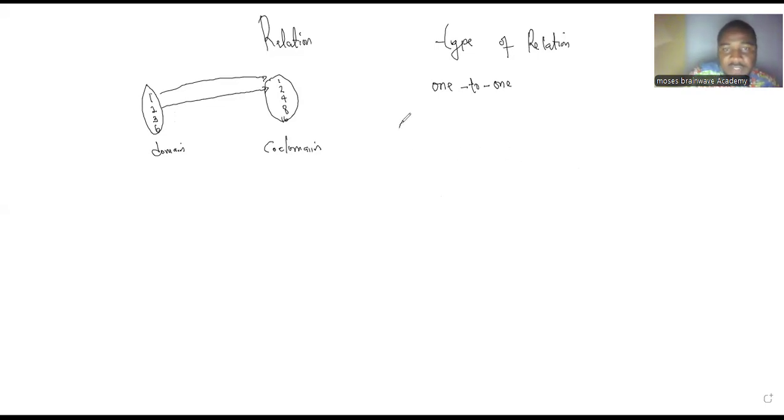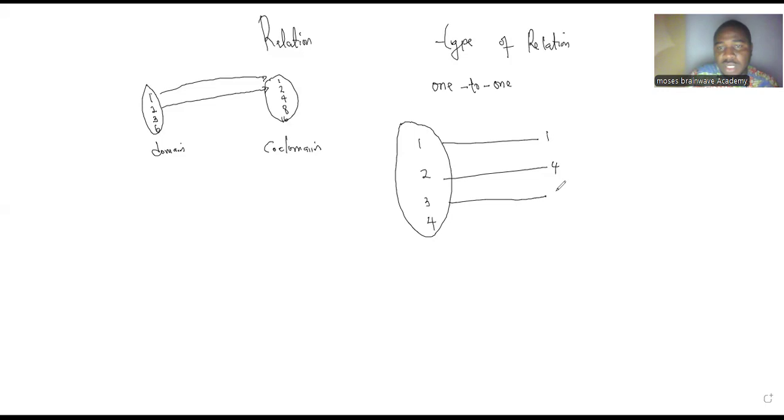So for instance, if I should do it on our diagram, 1-to-1 should look like, let's say 1, 2, 3, and 4. 1 is mapped to 1, 2 is mapped to, let's say, 4, 3 is mapped to 9, then 4 is mapped to 16.